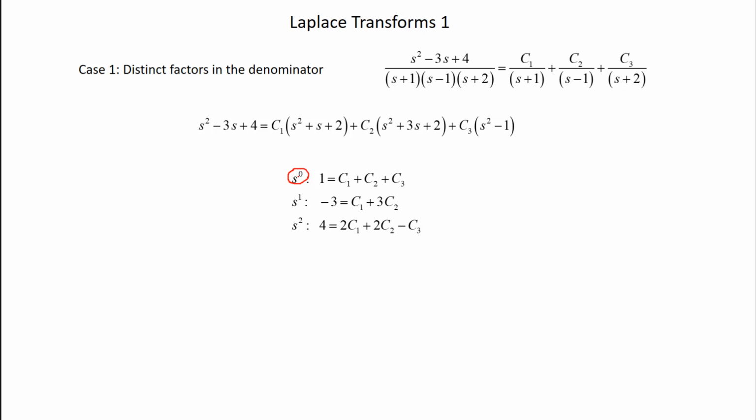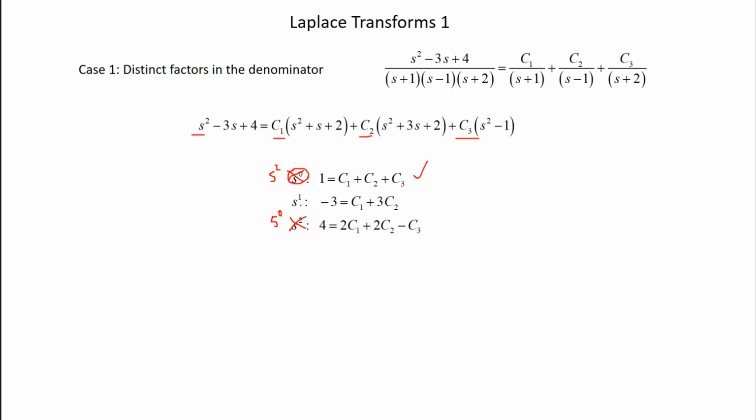I screwed up, didn't I? I'm sorry. This should be the s squared power, and this guy is actually s to the 0 power. So the s squared terms are a 1, and then a c1, a c2, and a c3. That's this one.